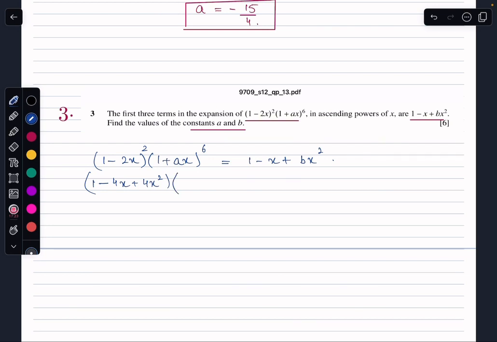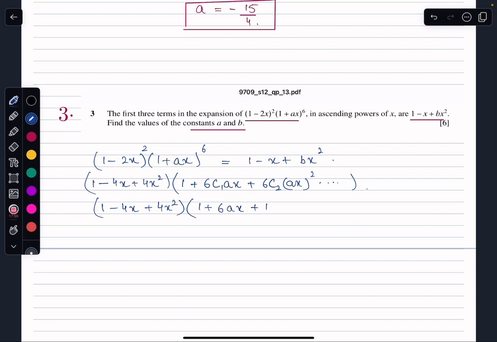For 1 plus ax to the power 6, I should be applying the binomial expansion, which here should be equal to 1 plus 6C1 ax plus 6C2 ax the whole square, and so on. Or I can say that this is 1 minus 4x plus 4x square times 1 plus 6ax plus 6C2, that would give me 15a square x square.